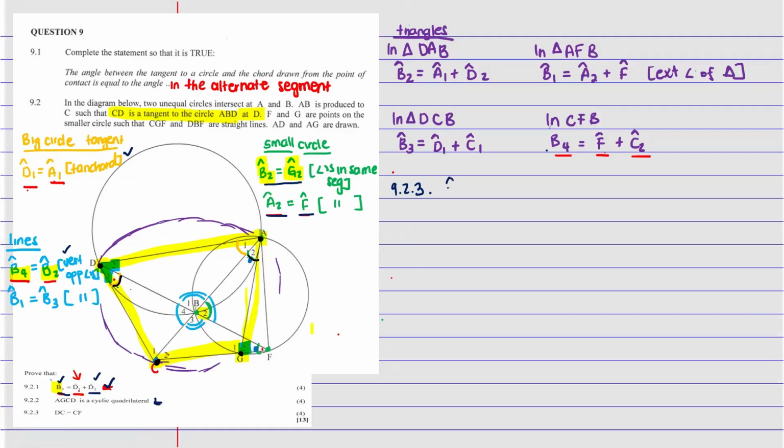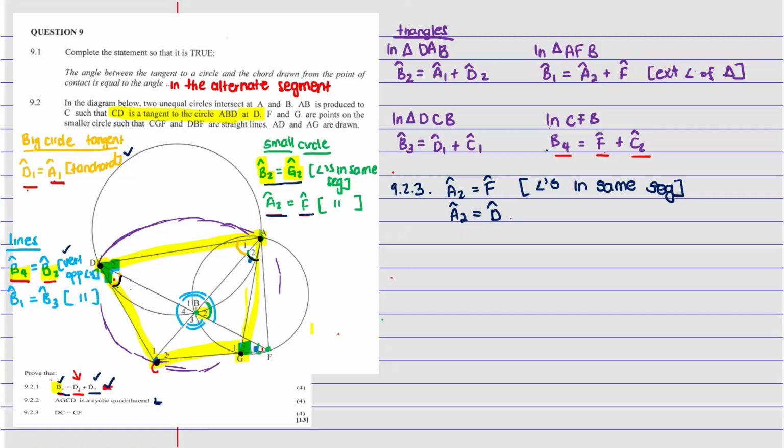We know that angle A2 is equal to angle F, and the reason is angles in the same segment, right? Then, according to them, from there we see that angle A2 is equal to angle D1.